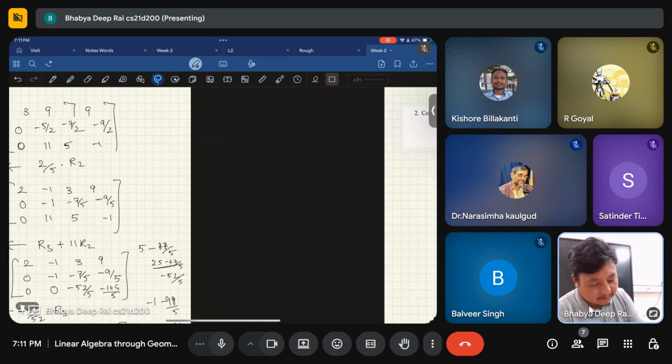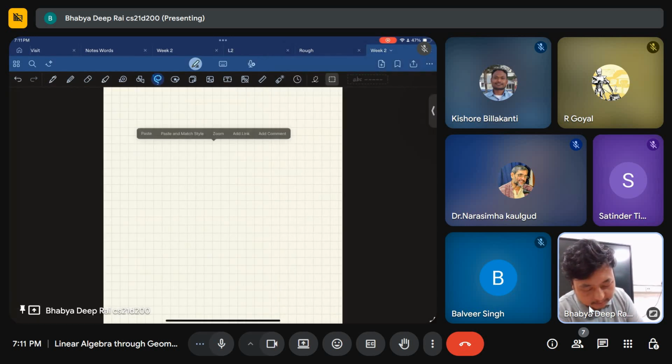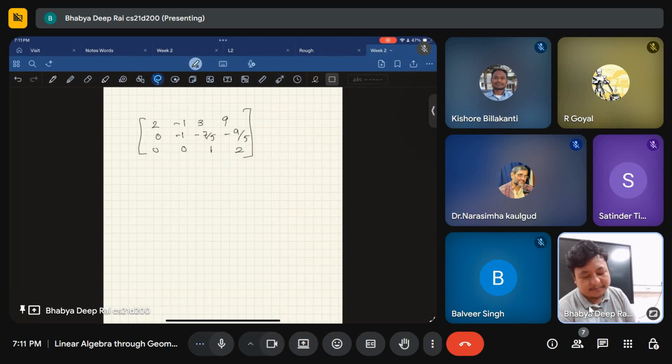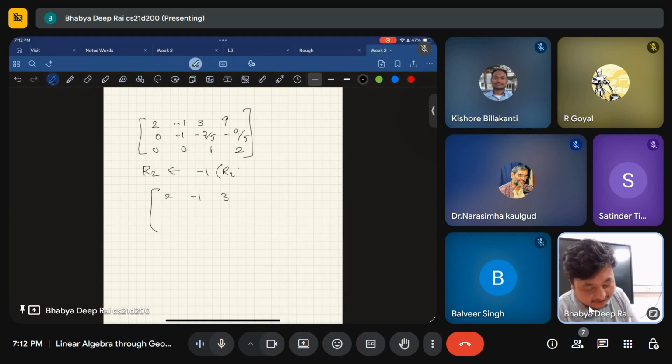Okay. Now what I'll do is I'll again multiply the second one, R2, by minus 1 times R2, and make it 2, minus 1, 3, 9, 0, 1, 7 by 5, 9 by 5, and 0, 0, 1, 2.